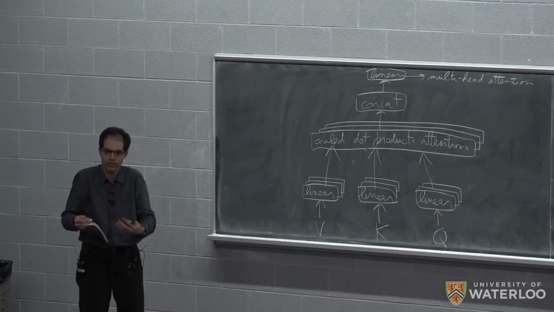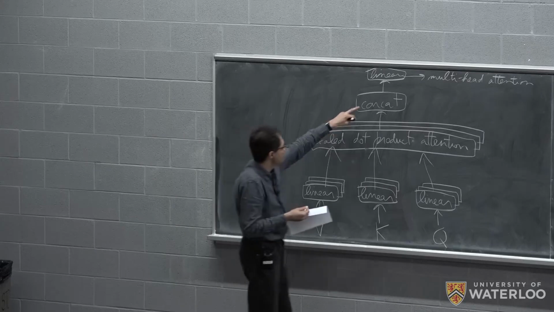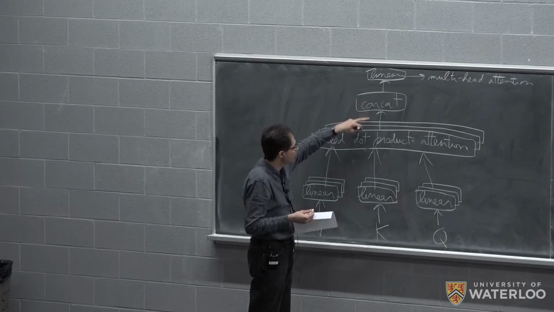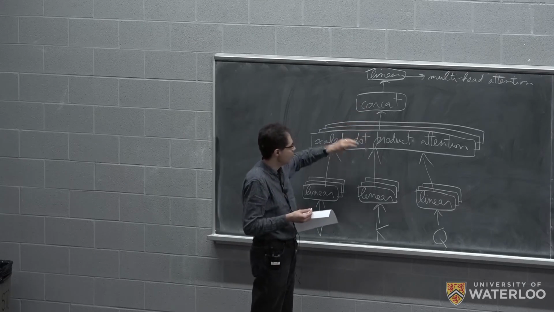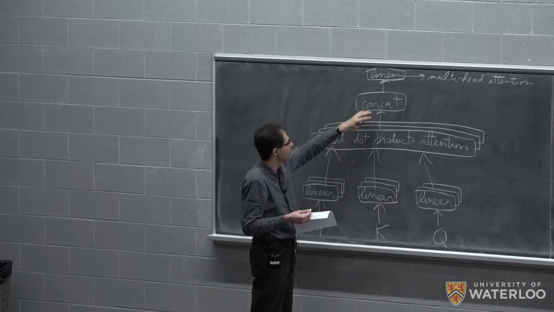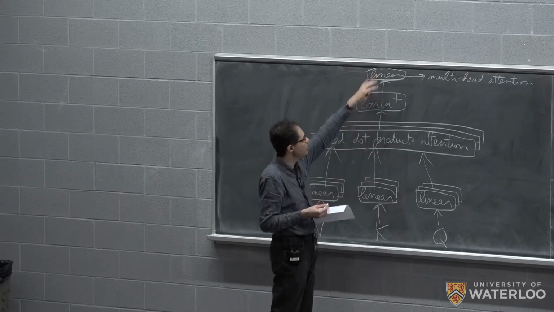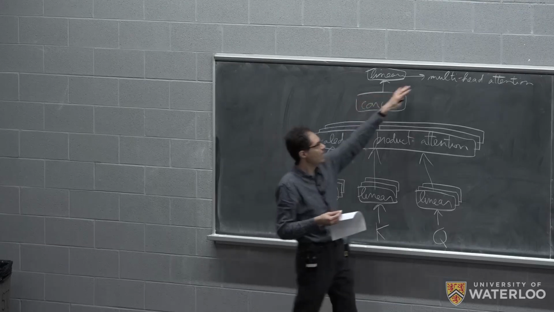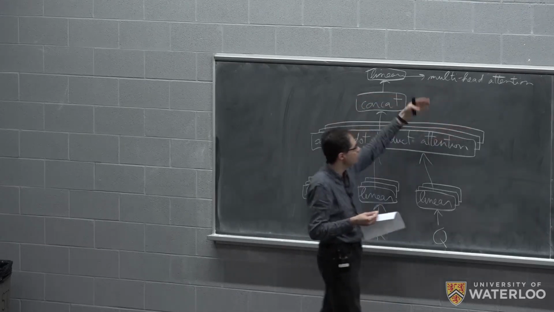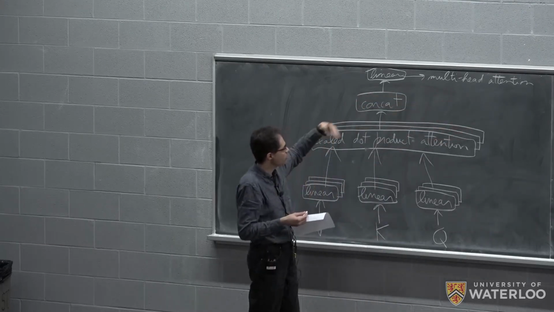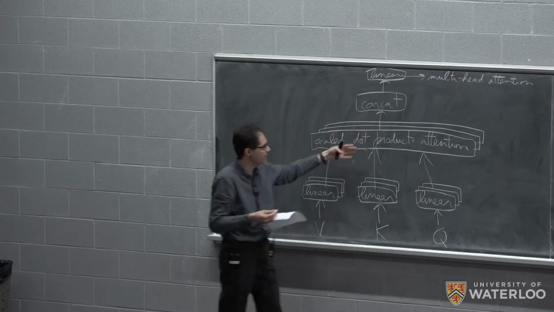That's the same intuition. So then this concat layer is going to concatenate these different scaled dot product attentions, and then finally we take a linear combination of them, and this gives us a multi-head attention because we essentially computed multiple attentions.